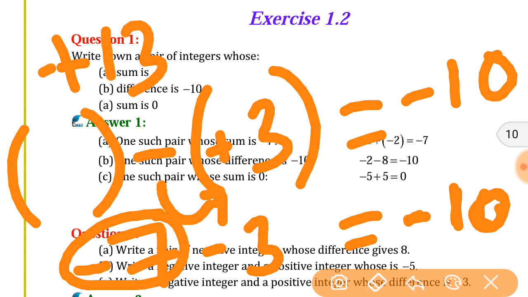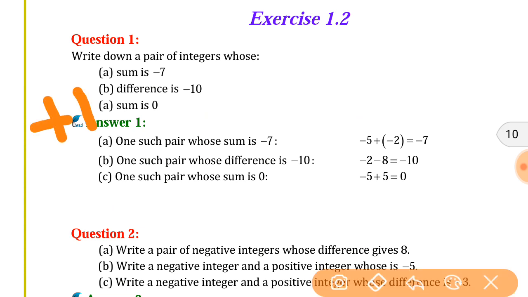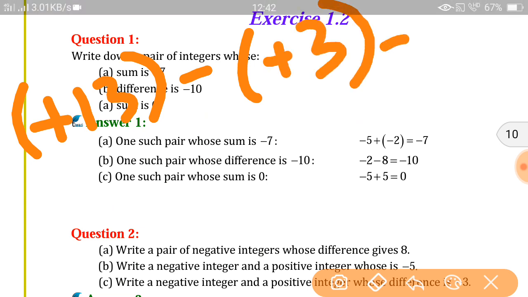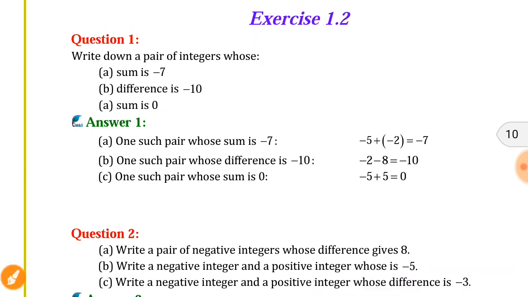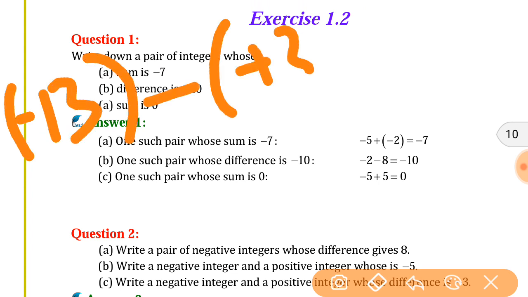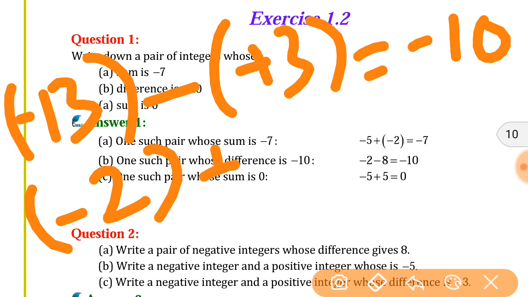So we can write minus 13 minus of plus 3 gives minus 10.